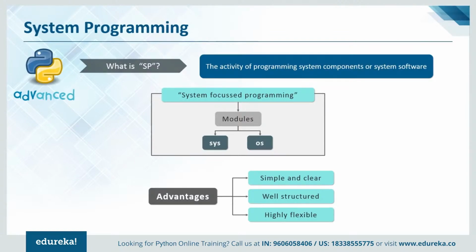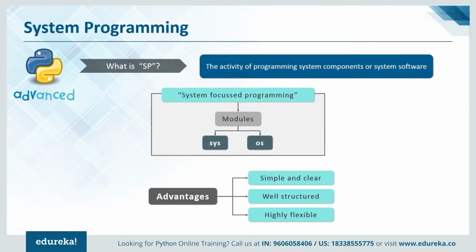Simple, right? So system-focused programming, as I'll call it, is made possible with the aid of the sys and the OS module. Guys, this serves as an abstraction layer between the application, which is the Python script or the program, and the operating system. You're getting it, right? So basically, the operating system is anything between Linux or Windows or anything.